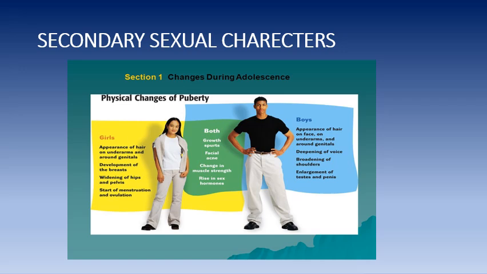Hormonal changes take place in males and females, and under the influence of these hormones, secondary sexual characteristics develop. You will study the hormones in detail when you go to higher classes, children. These hormones are chemical messengers that help bring about many changes in our body.